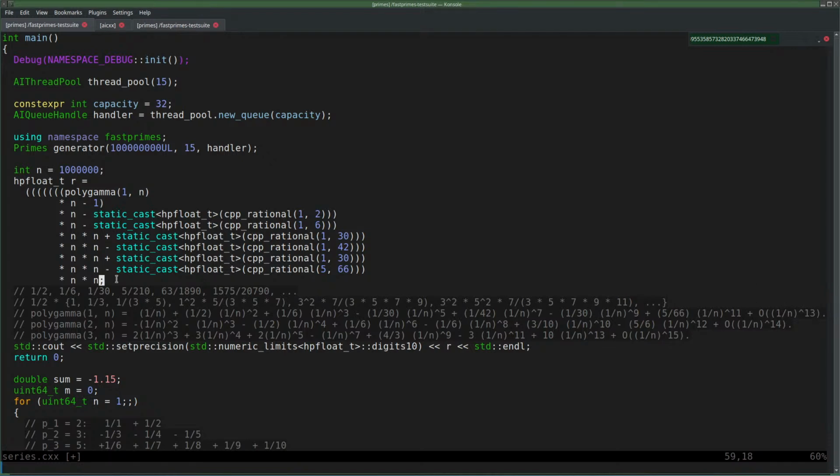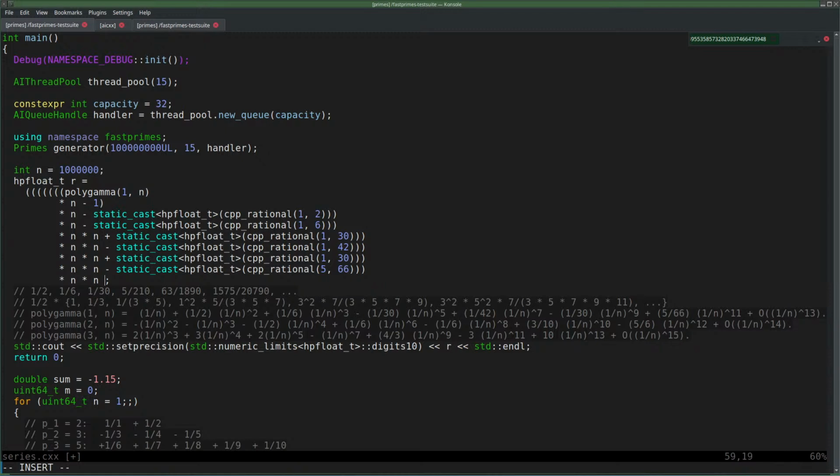So this should give me the factor that goes in front of the power of 13, which is the next one that I want. And that is apparently something divided by 3 times 5 times 7 times 9 times 11. And then the half there.